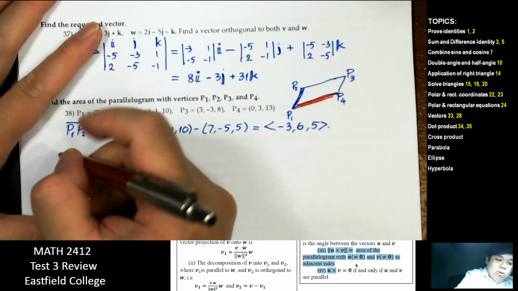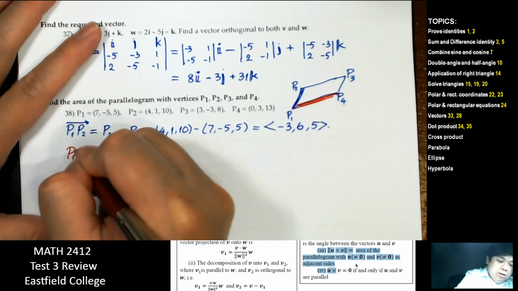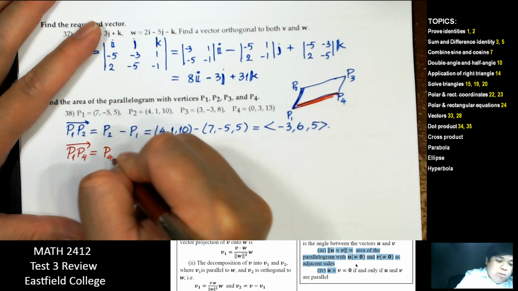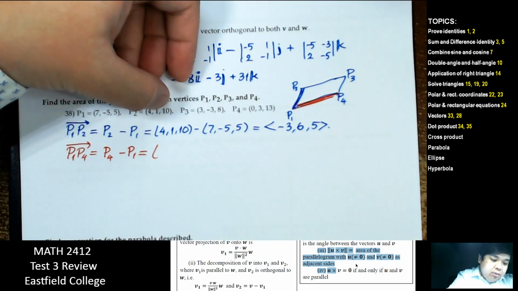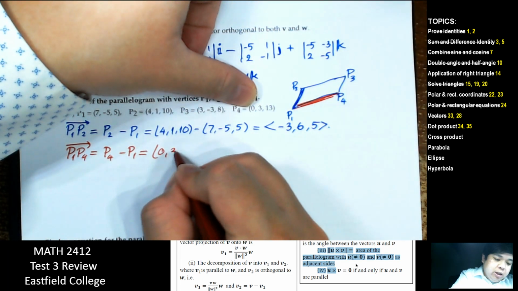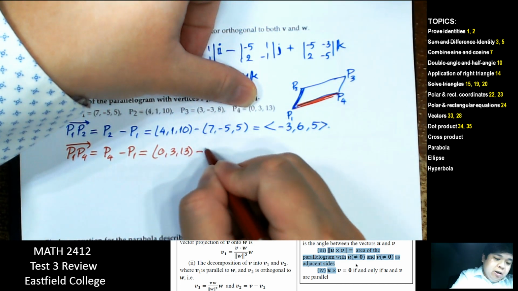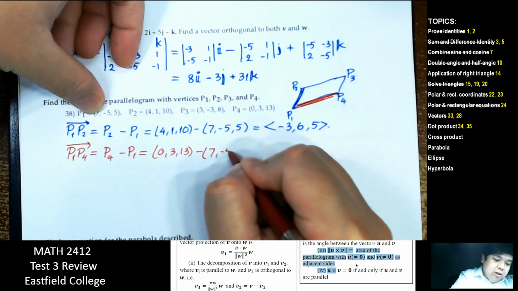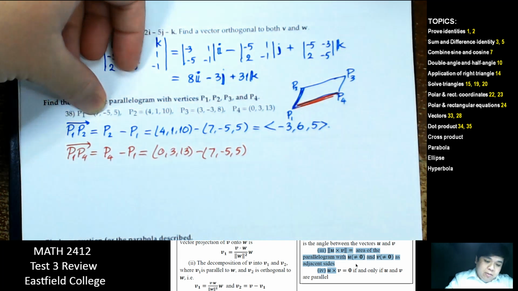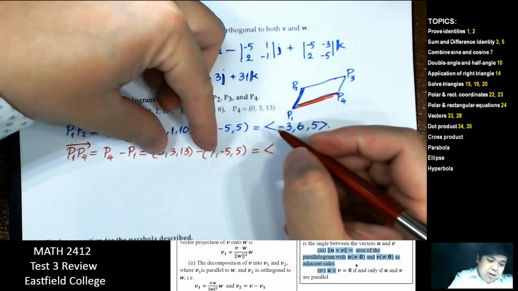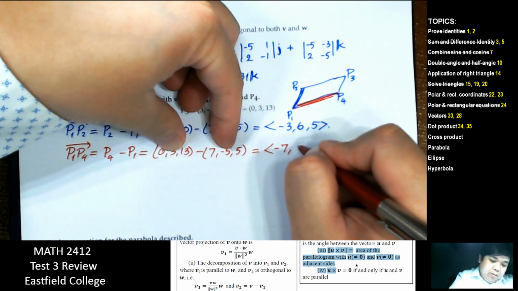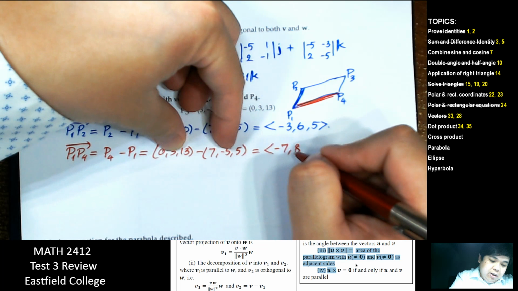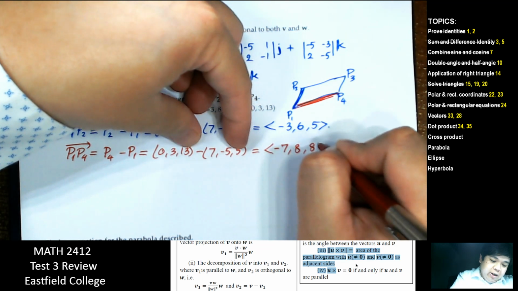So P1, P4, which is P4 minus P1. P4 is 0, 3, 13, minus P1, so negative 7, positive 8, and positive 8.